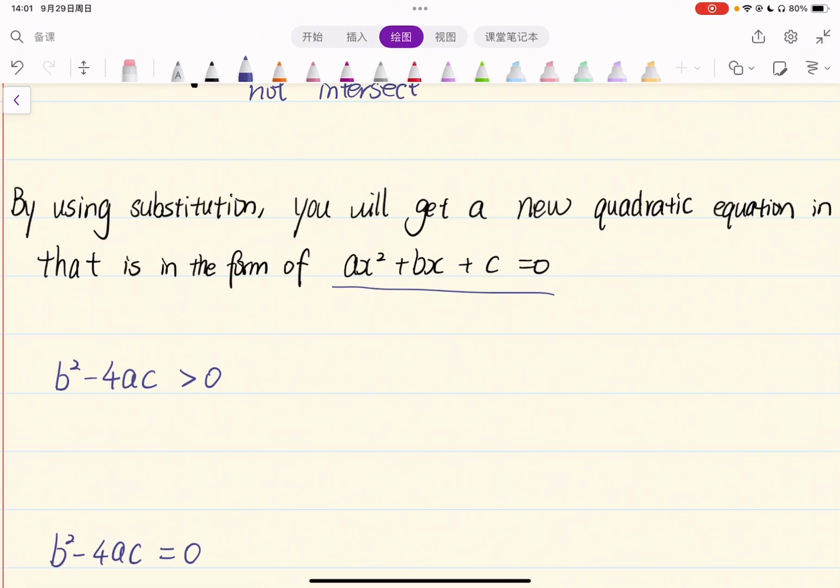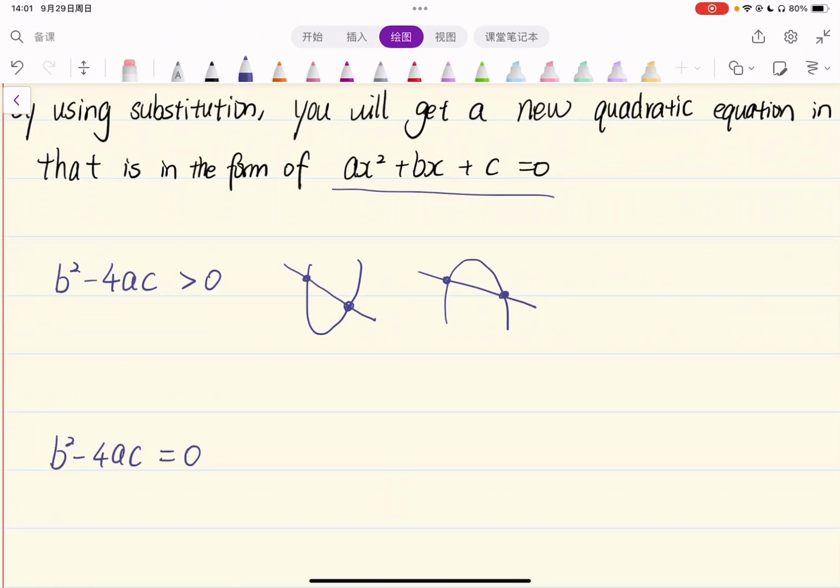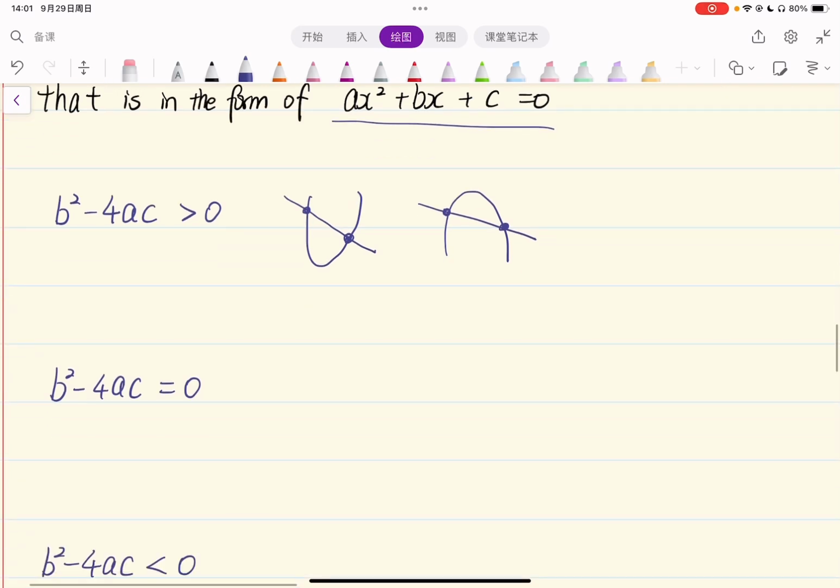If b squared minus 4ac is greater than 0, it intersects twice, and the graph will look like this, or maybe like this. So they have two intersection points. If b squared minus 4ac equals 0, it intersects once, and the line only touches the curve once, or maybe looks like that.